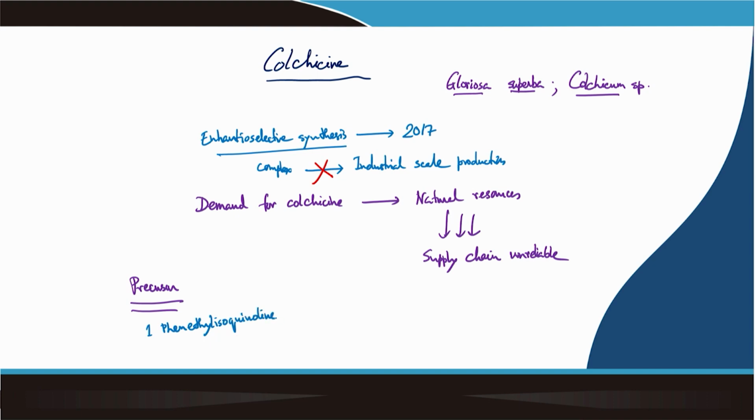This was considered to be the important precursor for the formation of colchicine. Now, how this 1-phenethyl isoquinoline is produced in plants is another question, so we will address that a bit later.